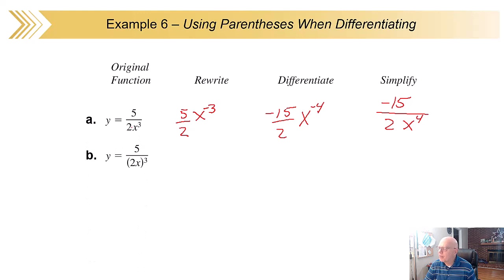Next, let's take a look at this one. Notice that this one, to the untrained eye, looks like it's almost the same thing. But up here, the 3 is the power of x. Down here, 3 is the power of 2x. So what do we do?